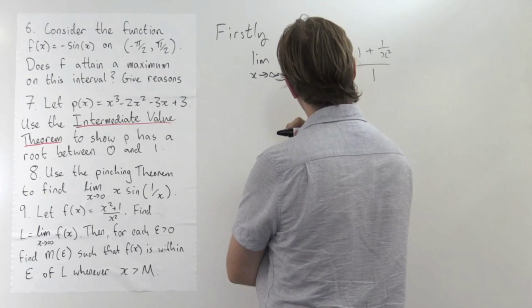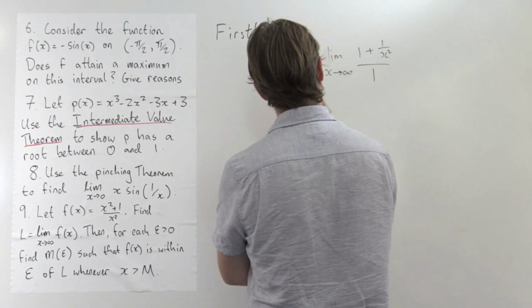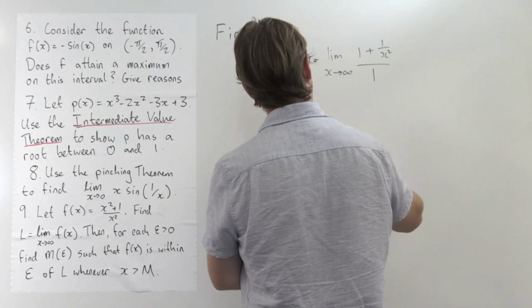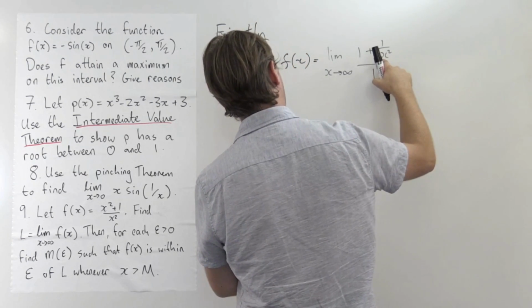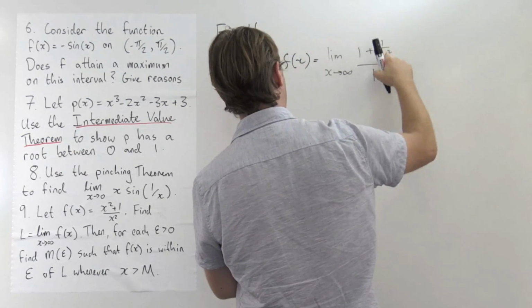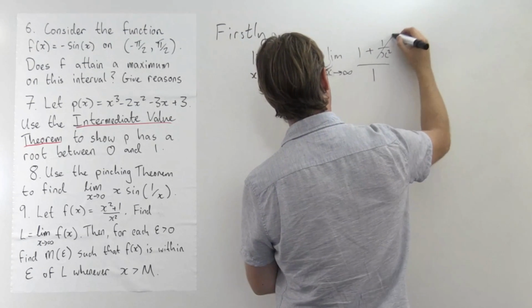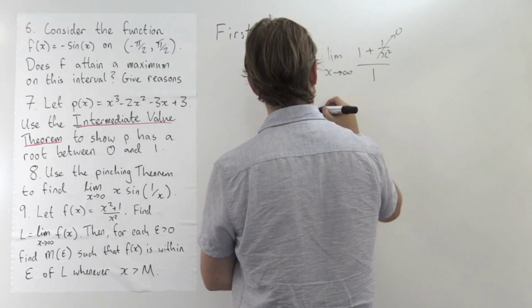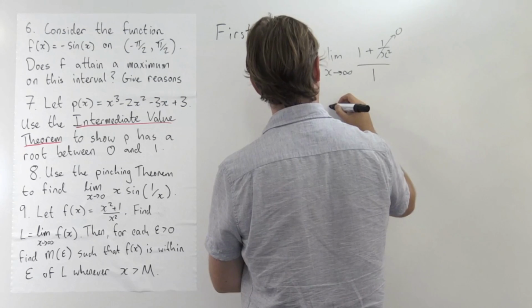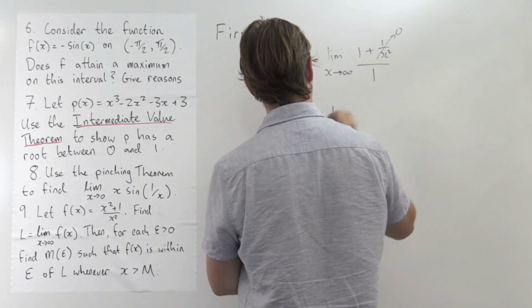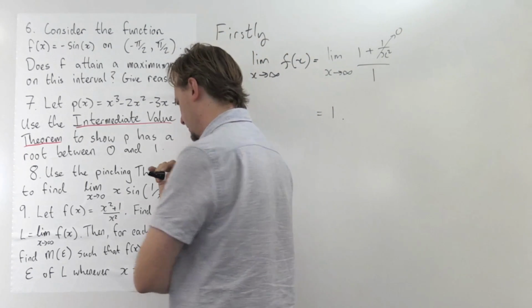Have I skipped too many steps doing that? Probably not. No, that's fine. So this term is very well behaved. The top is just 1, the bottom is heading to plus infinity. I can see that this is going to head to 0. So this will just become 1 over 1. It'll be 1. And that's what I need to continue with the question.